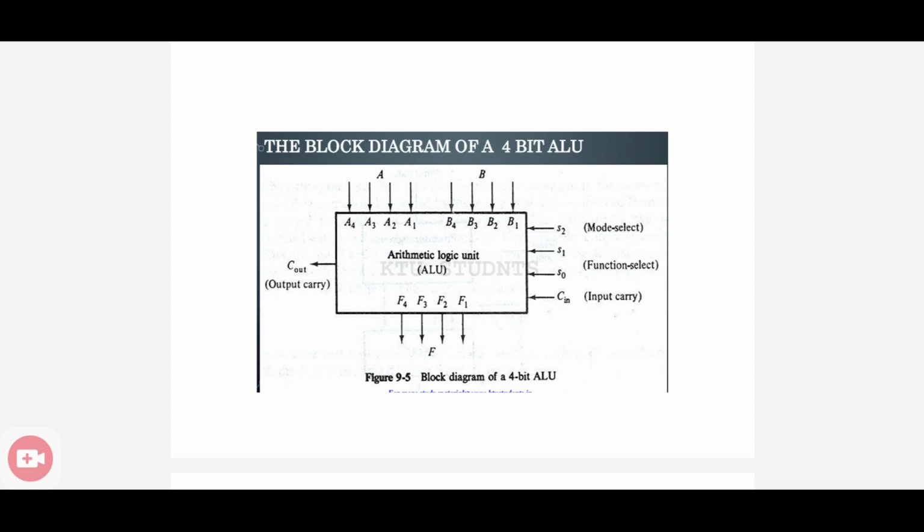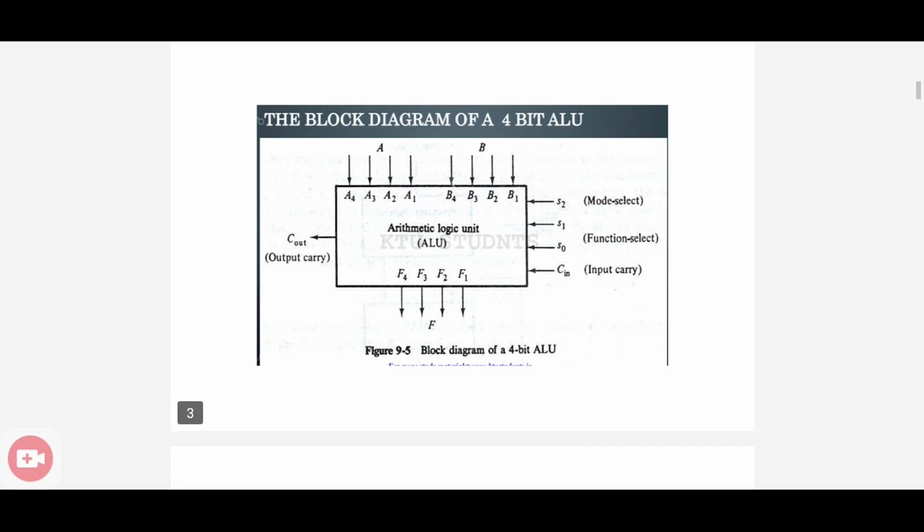Along with this input and output, another input category is selection lines. How many selection lines are there? 3 selection lines are there: S0, S1 and S2. And what is S0 and S1? They are function select, and S2 is mode select. Along with this, there is an input carry C in as well as an output carry C out.